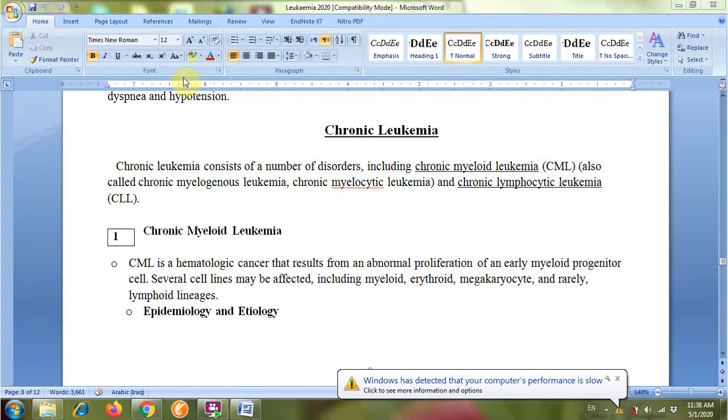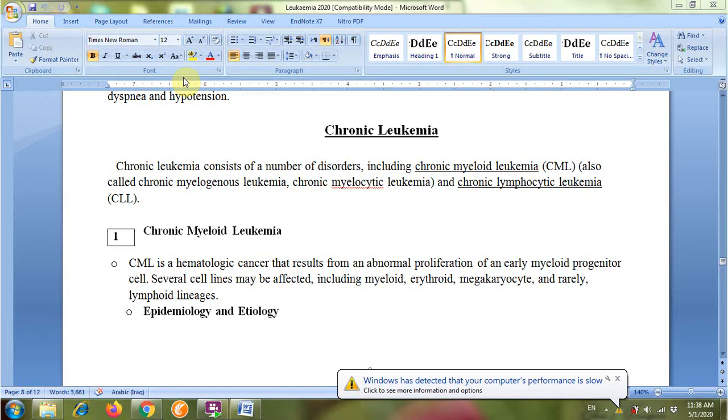Of course, it affects the other adjacent cell lines, the RBCs, platelets, monocytes, and other cell lines. Chronic leukemia in the lymphoid cell line produces the CLL, chronic lymphocytic leukemia.